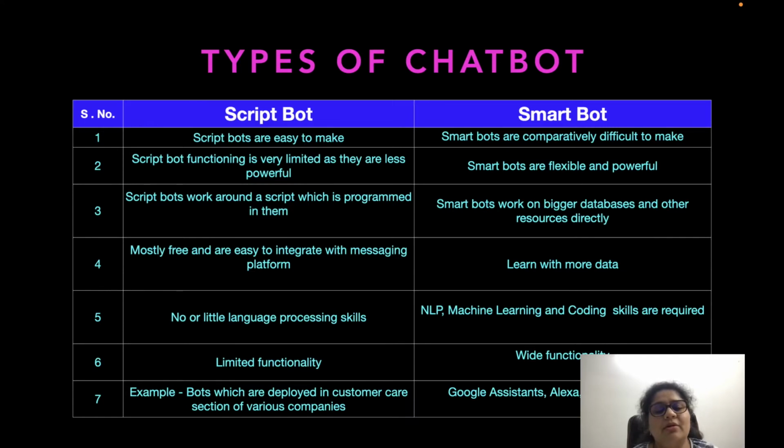Or simply we can call it a rule-based chatbot also. And the other type of chatbot is a smart bot, which is very smart in giving answers. That means it is not only working on that rule-based or scripted kind of category, rather it is very smart in fetching a lot of data from the database, comprehending it, and then giving the answers.